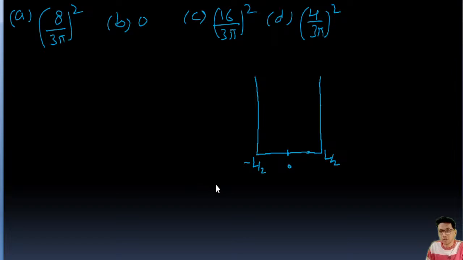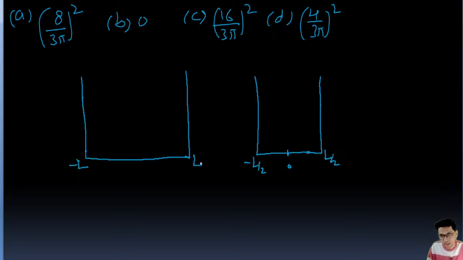Now what we have done is extended the width of the wall, so this became minus L and this is L and this is 0. So now we have to find the probability of finding the particle in this box.